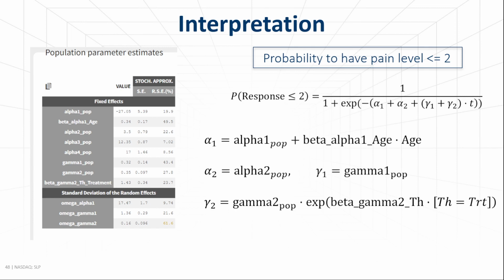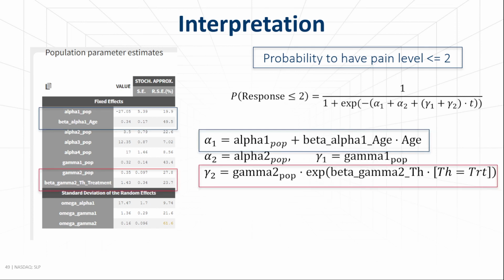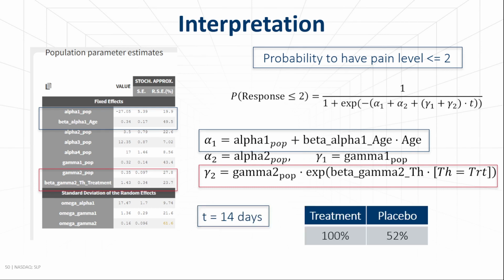To calculate the probabilities, we input in these formulas the parameter values estimated by Monolix. So for someone with age 42, we obtain that the probability of pain level 2 or below is 100% if the treatment is applied, and 52% in the absence of treatment.